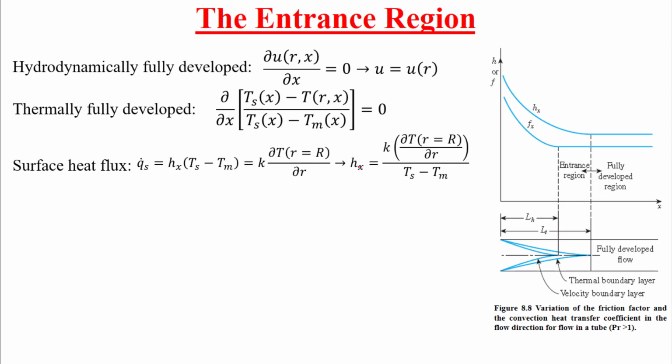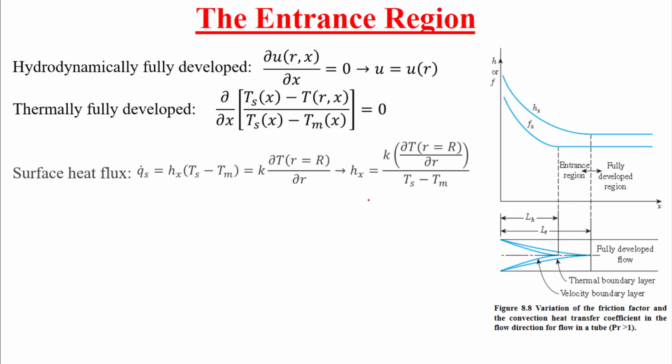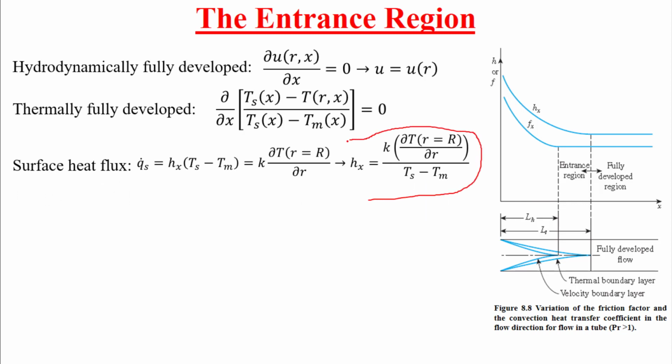What can you tell about this equation? This slide totally talks about the fully developed region. Now, if we take the surface, as I mentioned, and we try to write an equation that describes the variation of hx, we'll see that it's a function of thermal conductivity, which is constant. Ts minus T mean remains constant in the fully developed region.